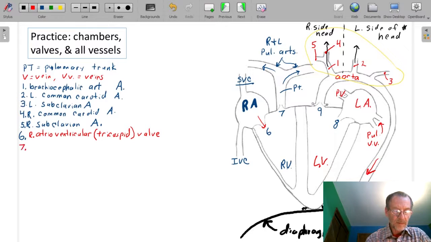Number 7 is the pulmonic valve. You could call it pulmonic, you could call it pulmonary valve. They are sometimes referred to as semilunar valves.